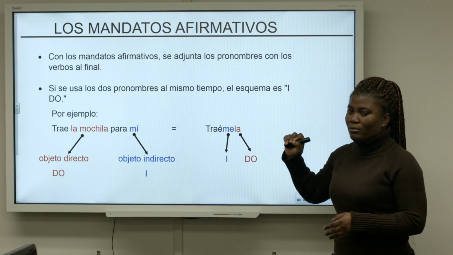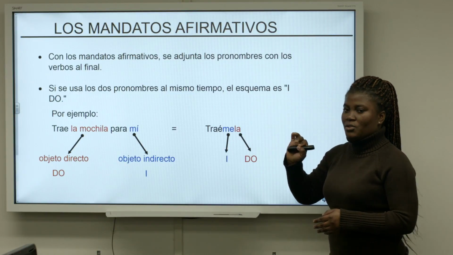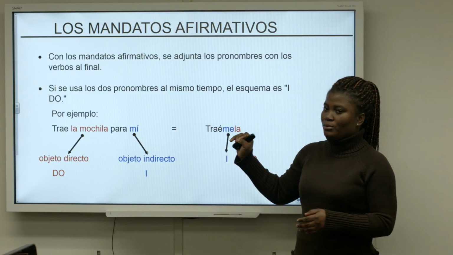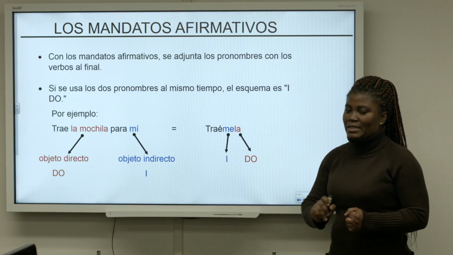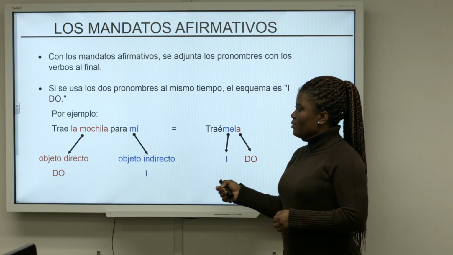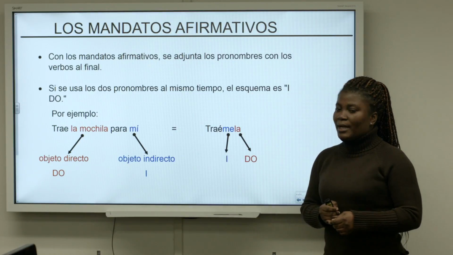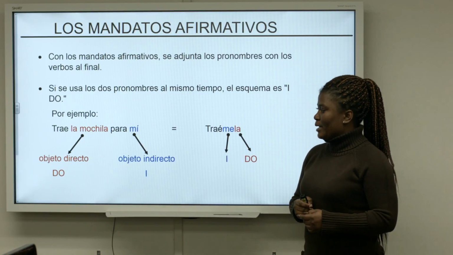Before we look at an example, we have to learn the structure. This is I-DO. The I refers to the indirect object pronoun, and the DO refers to the direct object pronoun. So we have the example, trae la mochila para mí.